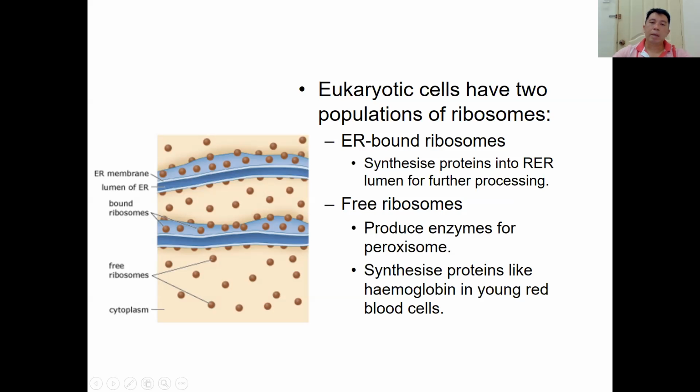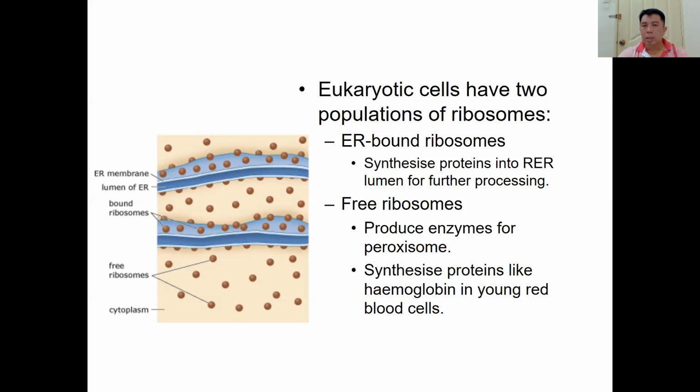For the ones bound to the rough endoplasmic reticulum, the polypeptides they form will normally be transported to the Golgi apparatus. Then the polypeptide formed will either be secreted out of the cell or packed into the lysosome.